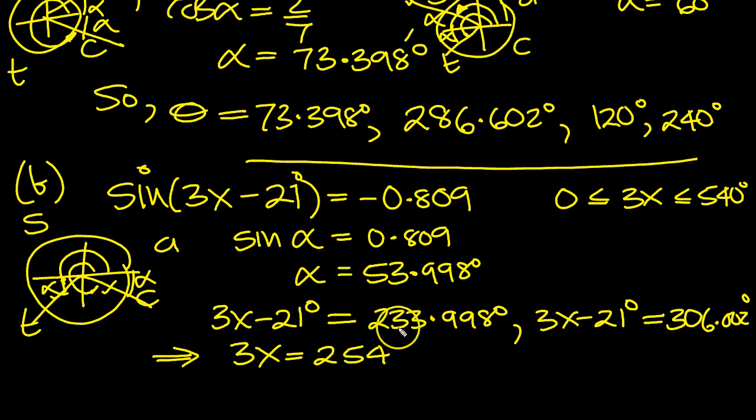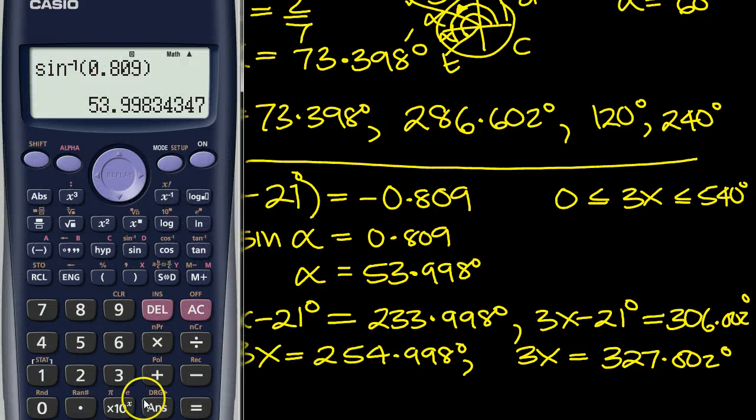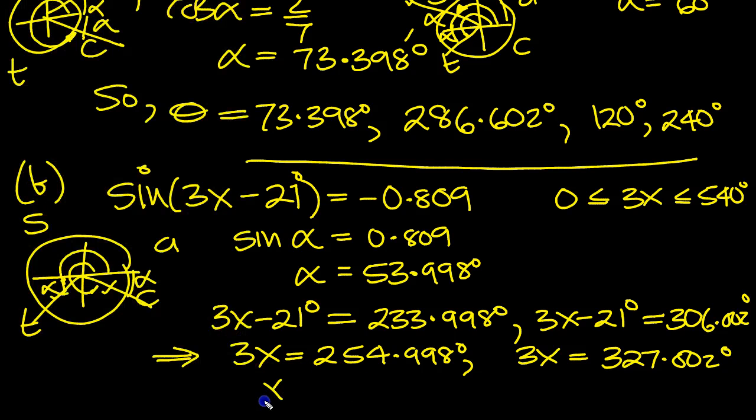So that tells us then that 3x is equal to 254.998 degrees, moving the 21 over, and also 3x is equal to 327.002 degrees, moving the 21 over. Now divide those by 3. 254.998 divided by 3 gives x equals 84.999 degrees.